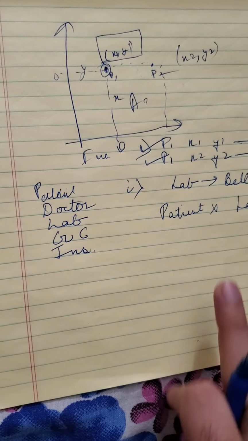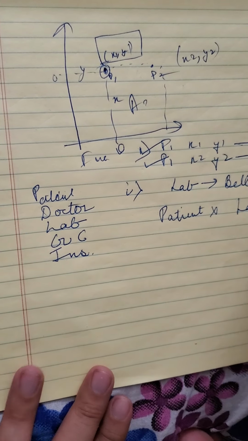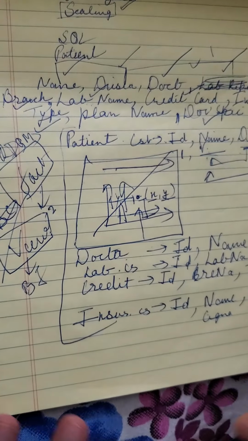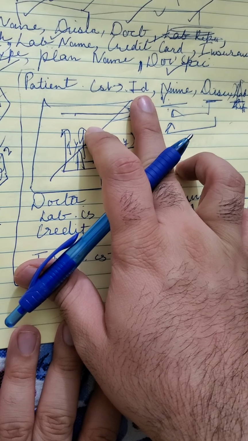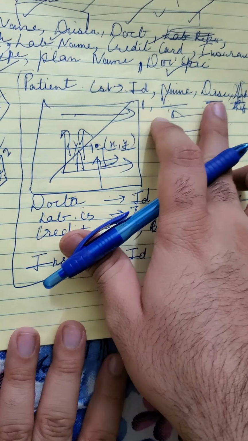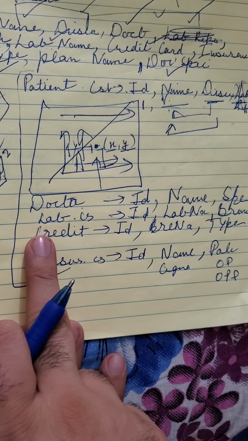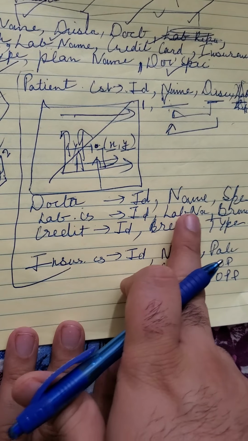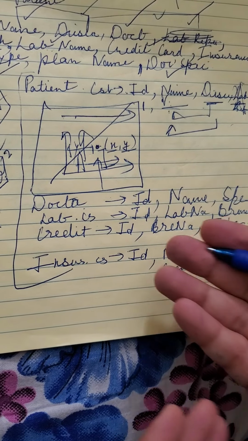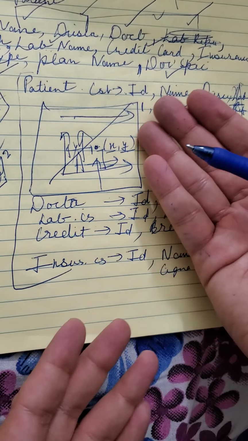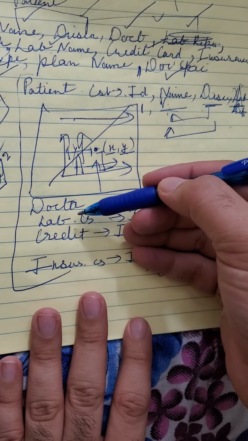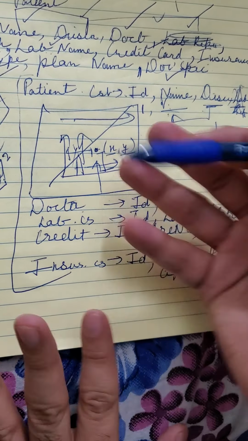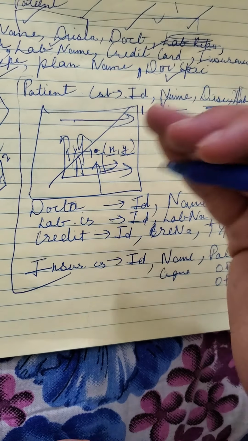Now, you see there is no connecting point. In my earlier data set, the patient just has ID, name, and disease, and the lab has lab ID, lab name. Now, these are all dimensions standing on their own. So we need to somehow connect these two dimensions, any two dimensions, so that there is no discontinuity.